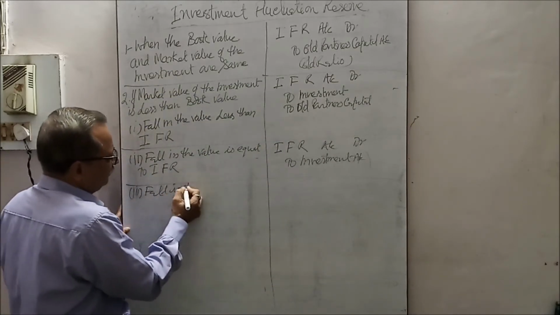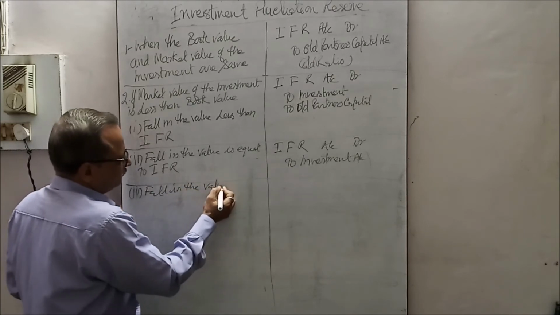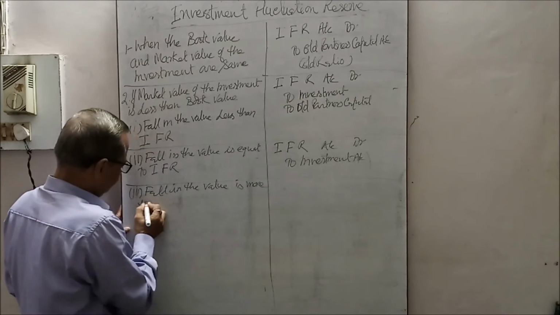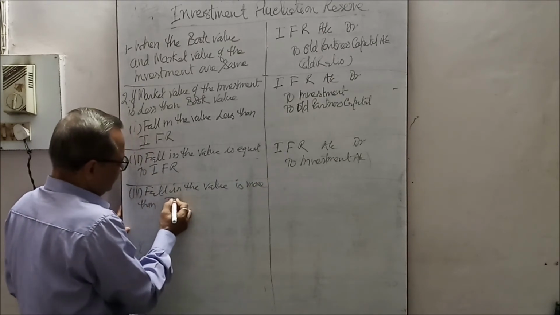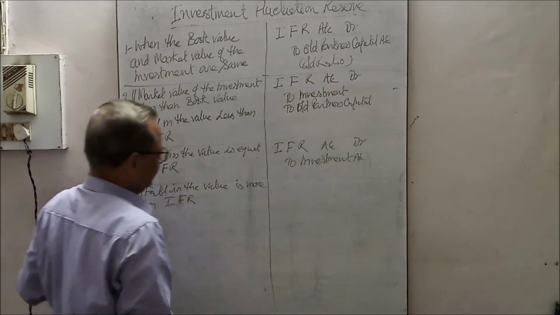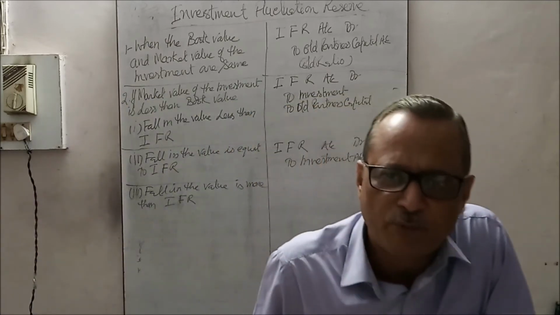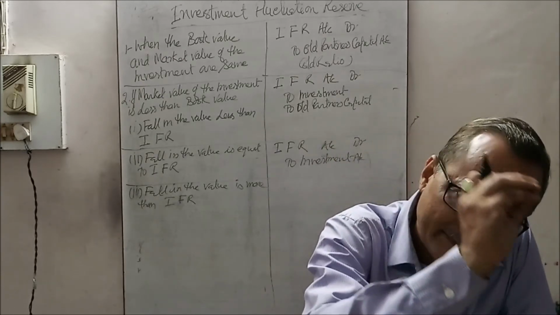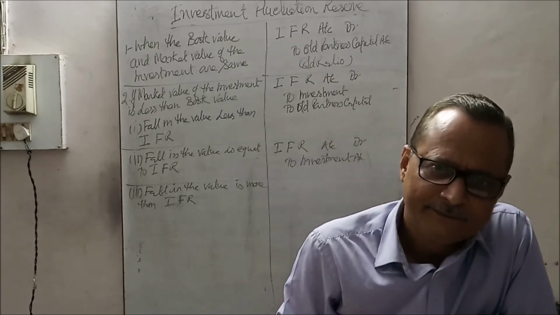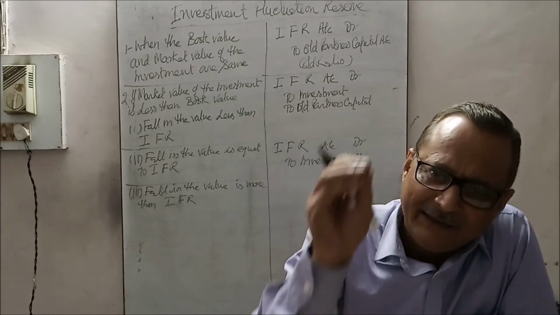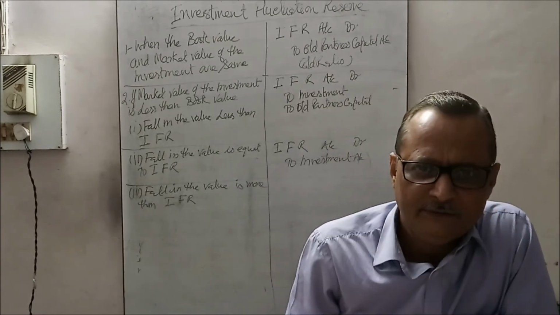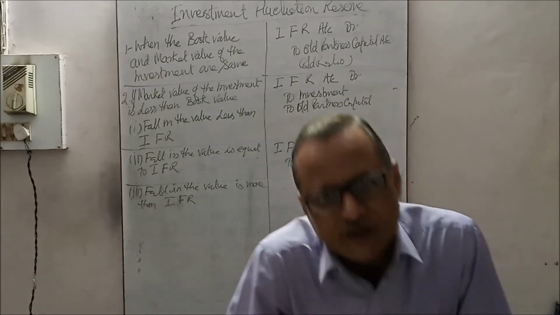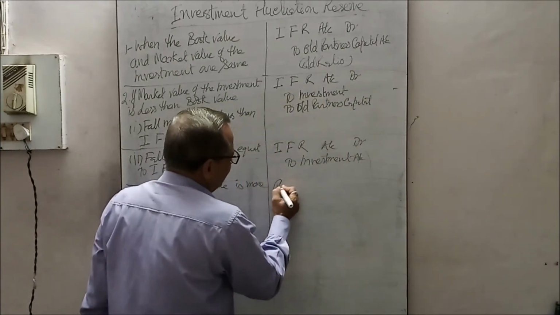The value that is dropping is more than the IFR, the amount lying in the reserve, and the value reduced or fallen is more, so it will be taken from the revaluation account. Revaluation account debit.